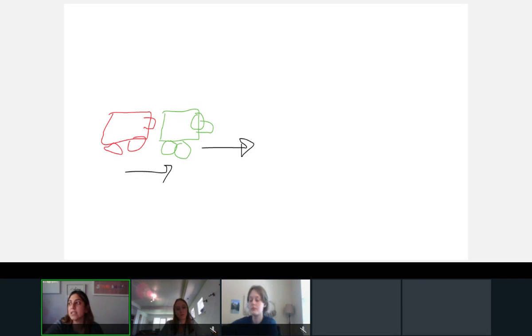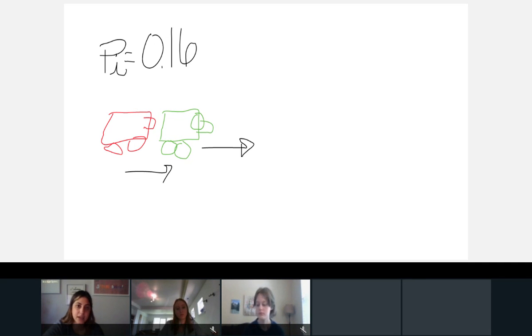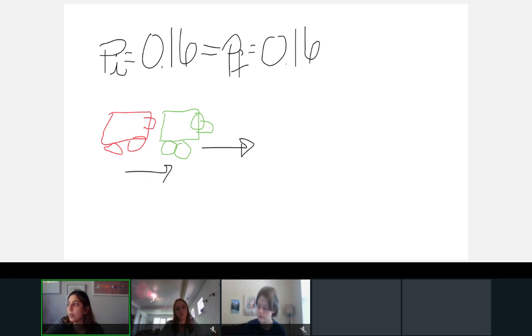So now we want to find, remember that initial velocity was 0.16, right? The initial velocity is also going to be the same as the final velocity, which is also 0.16. But we know that wagon two has a momentum of 0.13 kilograms.